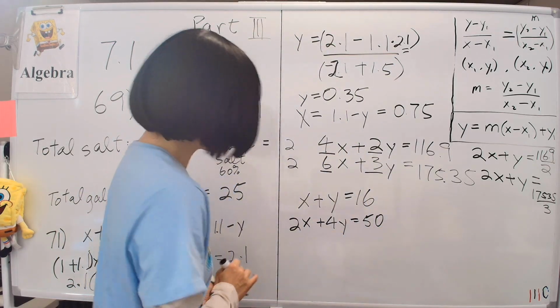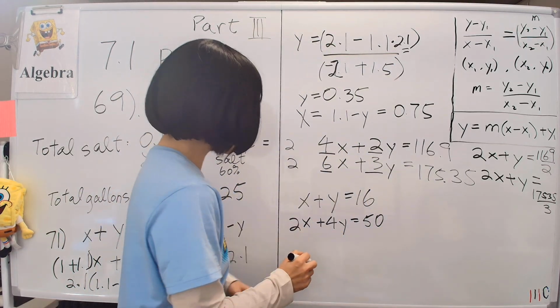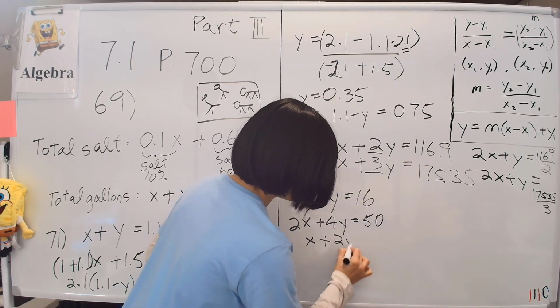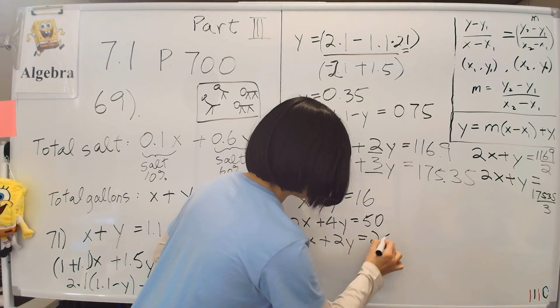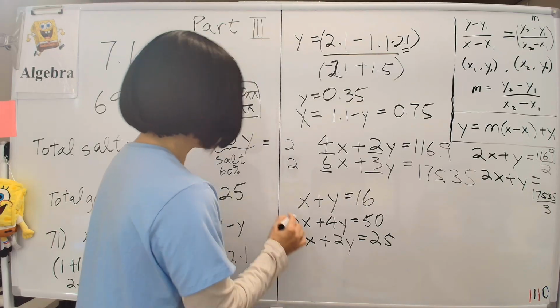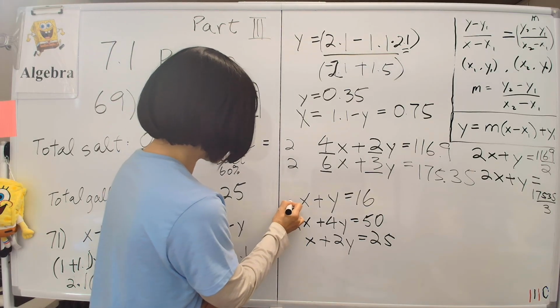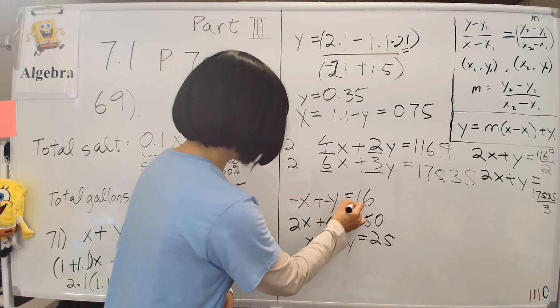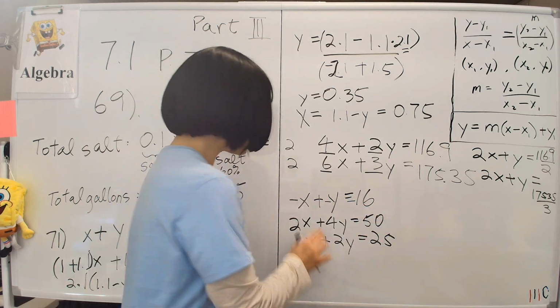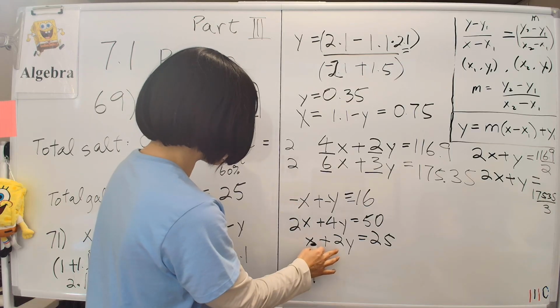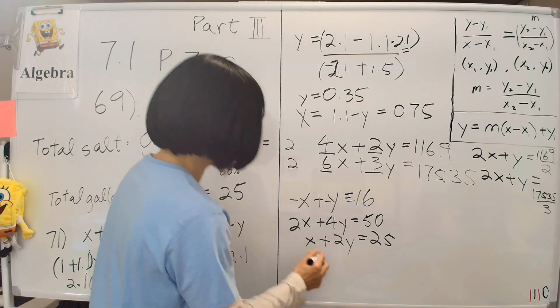Now, here's our problem. We'll simplify this as x plus 2y equal to 25. And then we'll add this equation with that equation by putting a negative sign across the board. And so x plus minus x is gone. 2y minus y is just y.